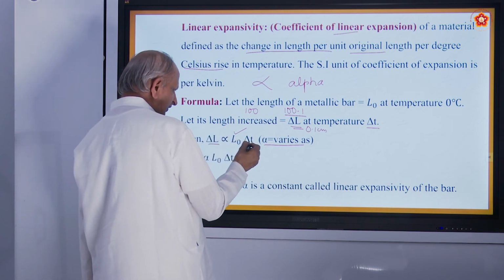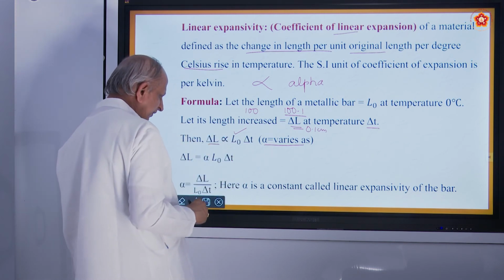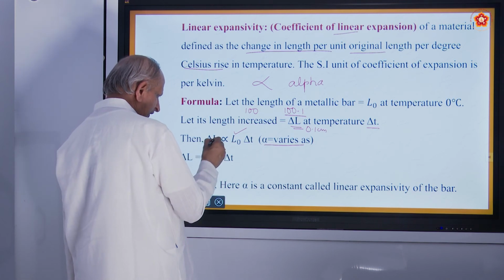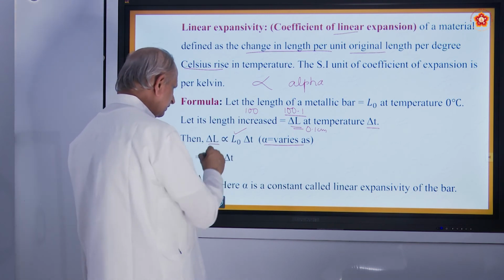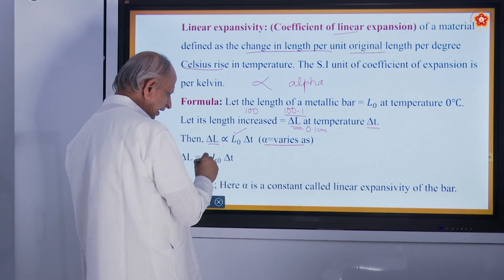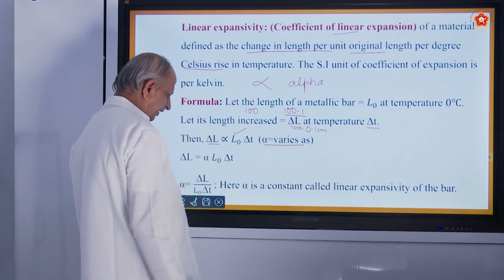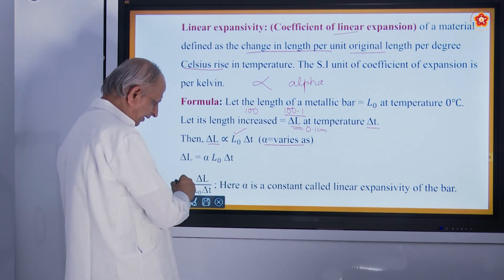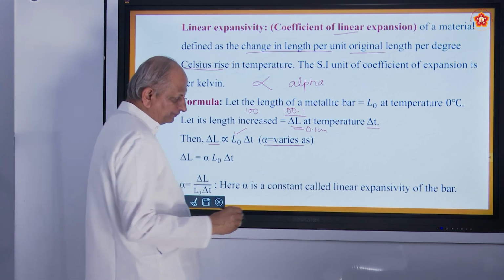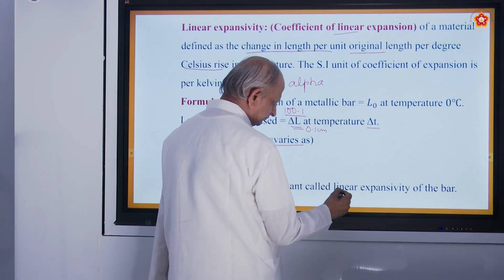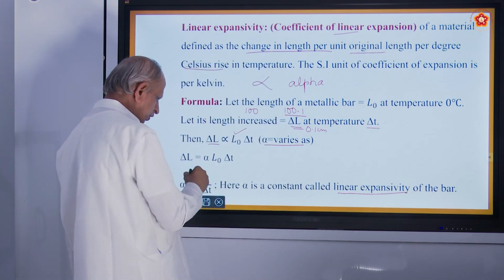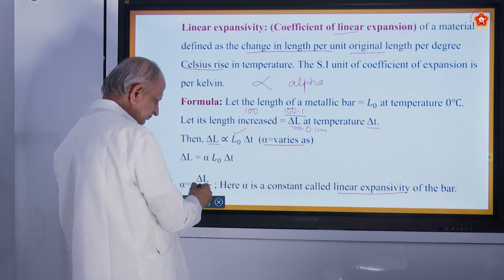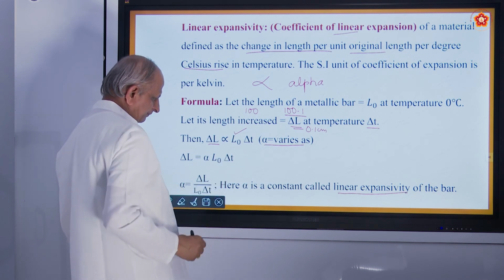As temperature increases, length also increases, that is the meaning. So if you want to write delta L, instead of writing varies as, you can put equals. Then it becomes delta L equals alpha into L0 into delta T. So this alpha is called the coefficient of linear expansion, also called linear expansivity, equal to delta L by L0 into delta T.